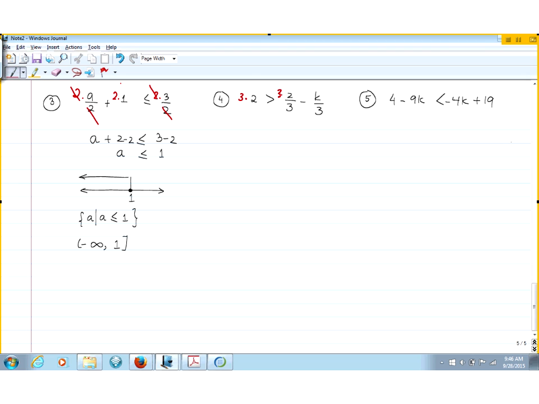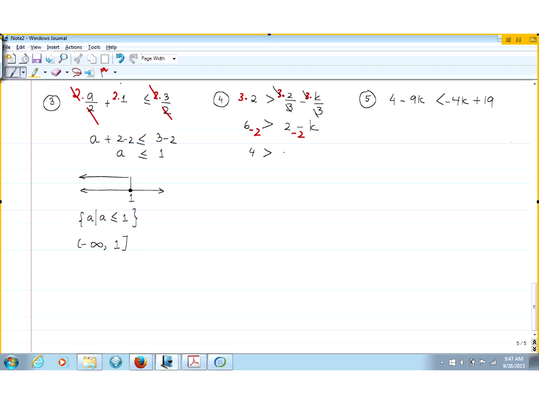Multiply by 3. Okay, so 3, 3, 3. All right. So what is this? 6 is greater than, the 3 cancel, 6 is greater than 2 minus k. Okay. Good. Now, what happens here? So subtract 2 from both sides.